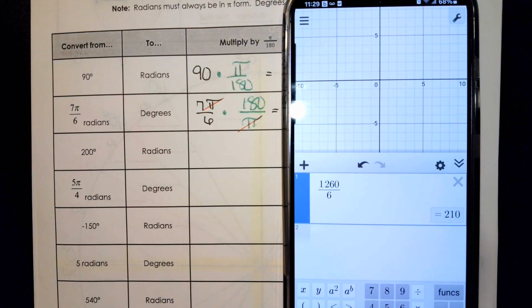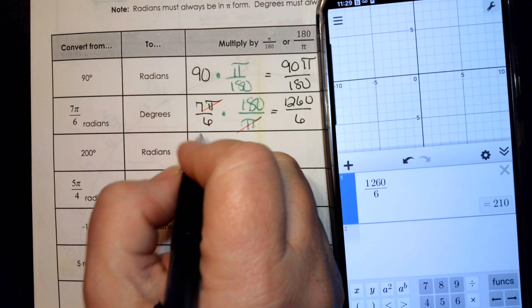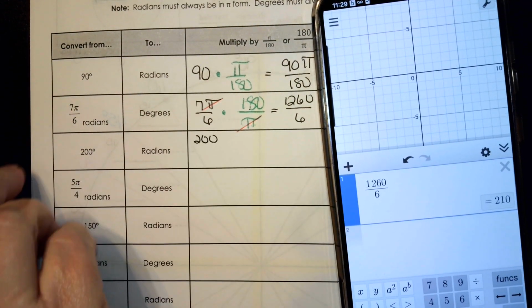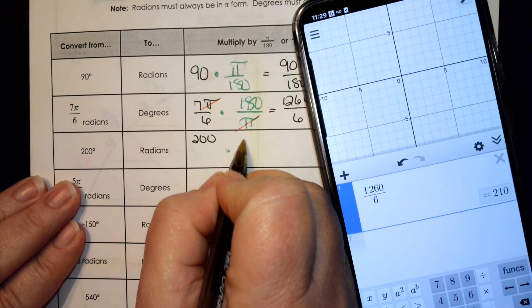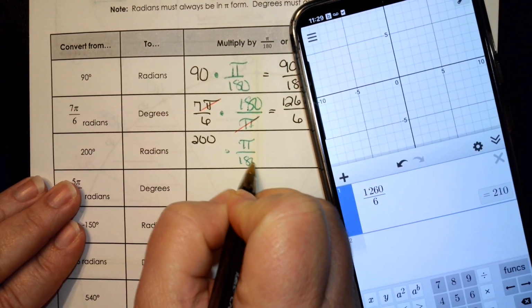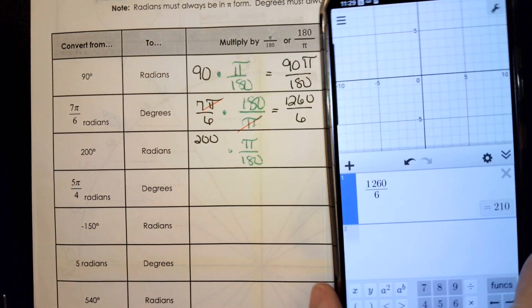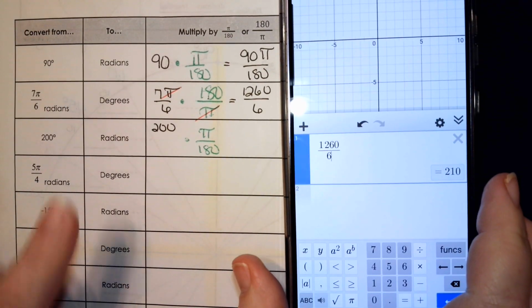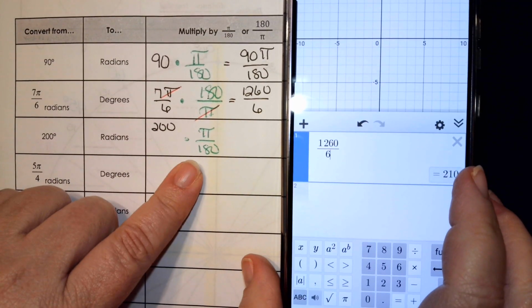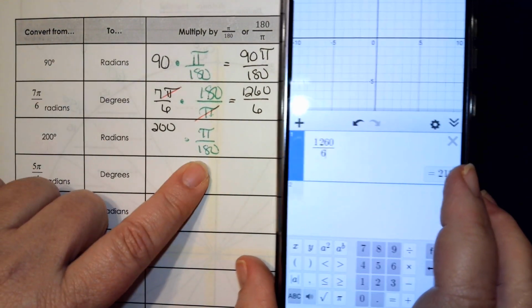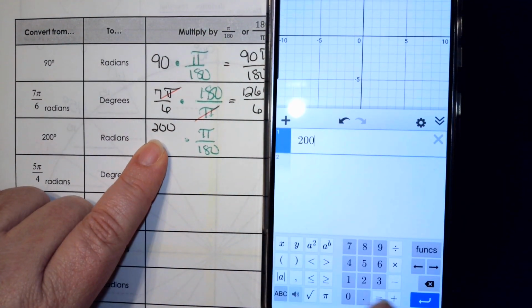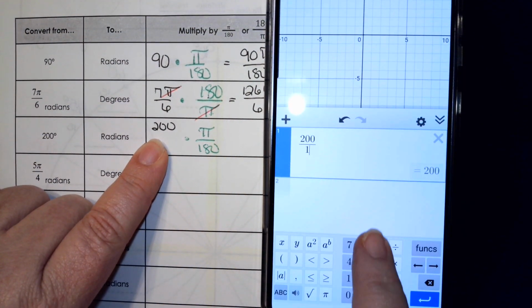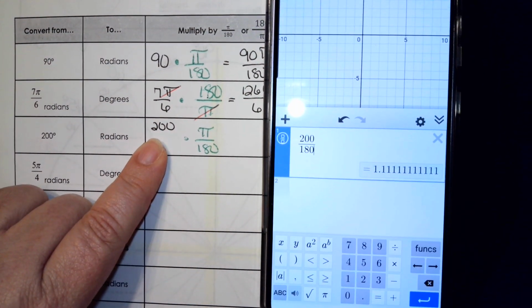Alright. So here we're given degrees, 200, and we want to convert that to radians, so we're going to multiply by pi over 180. Alright, so I'm getting ready to show you a shortcut. Whenever you're converting from degrees to radians, you notice basically each time we're going to divide by 180. So if we just come right here on Desmos and we say 200 divided by 180, it's going to give us a decimal.